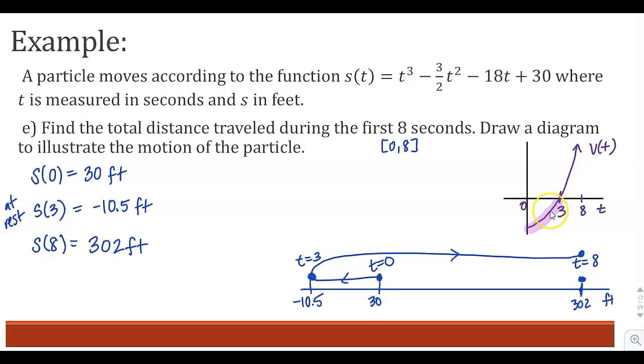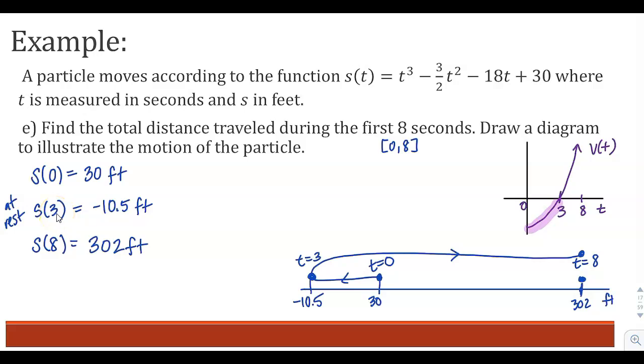That tells me that I had to travel to the left. And then beyond 3, we know that velocity is positive, so that means I'm traveling to the right. So it's another way to graph or illustrate the motion of the particle on a diagram, and to realize that we also have to take into account the location at time 3.